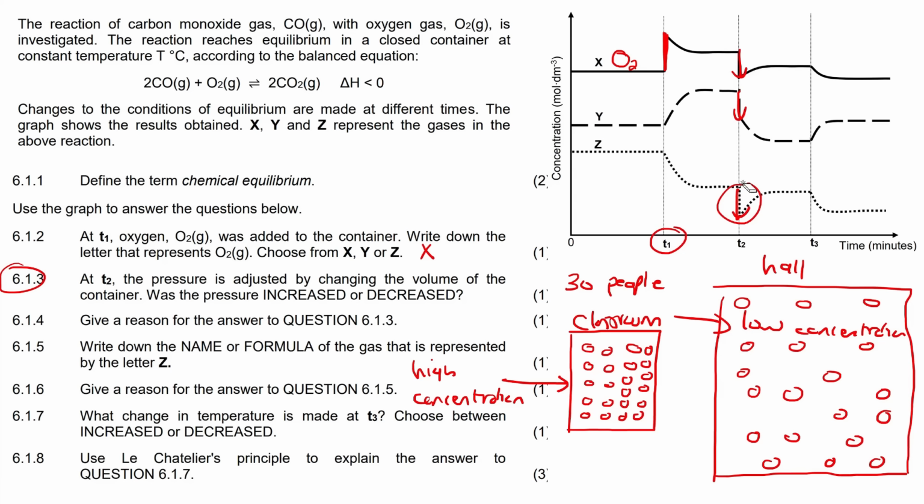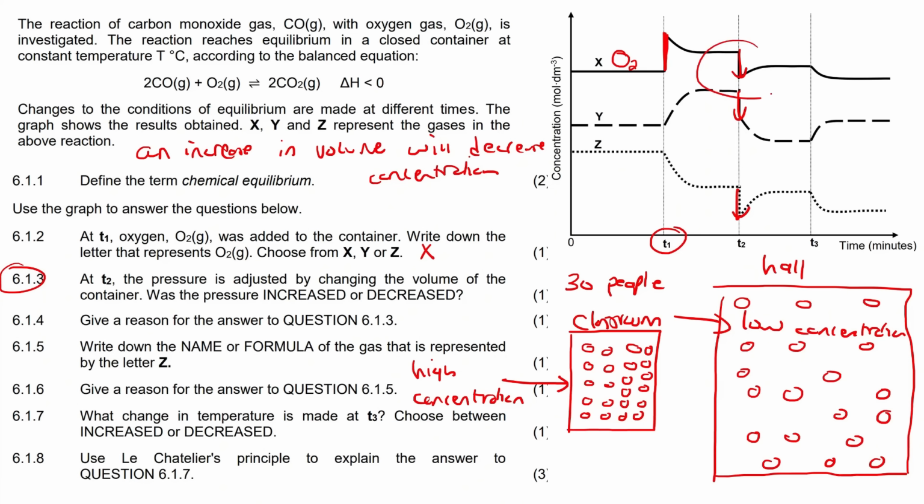Do you make the volume larger or smaller? Well, think about this. Notice that when you make the volume larger, then what did we do to the concentration? We made it less. So a larger or an increase in volume will decrease concentration. And we can see that's what happened over here. So we've definitely increased the volume.